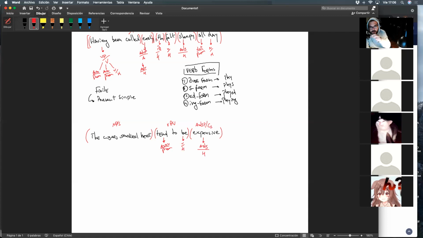The cigars smoked here. Then I can see the cigars smoked here. Smoked is a verb, right? It's in ed, right? But it's inside of the noun phrase. So what I have is cigars as the noun head. D would be the determinative premodifier, and then smoked here is a clause, right? How do I know that?